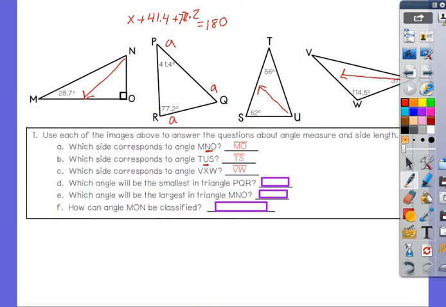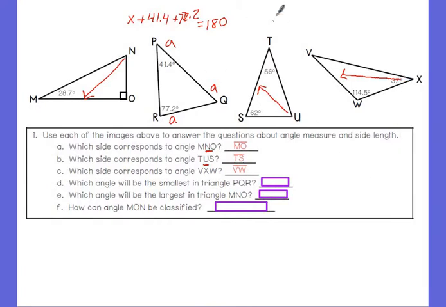I can get my calculator and figure that out. 180 minus 41.4 minus 77.2, so this other angle here is going to be 61.4 degrees.